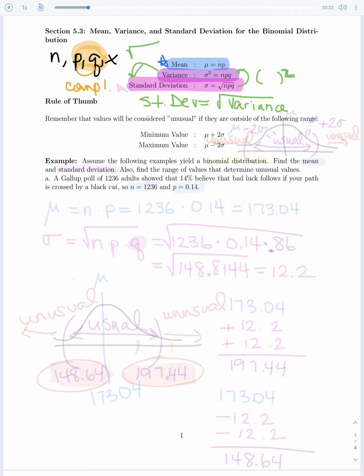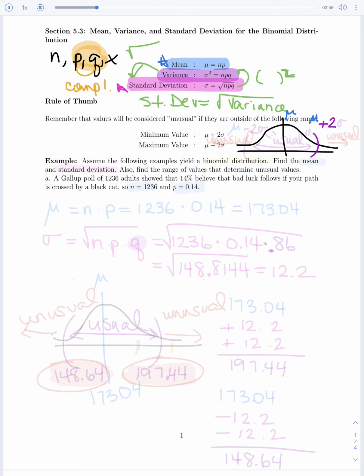Then the next thing that we're going to do, once we have the mean and the standard deviation, because those are the two things we care about, is draw the little bell curve that we've been drawing, and then say what goes in the middle, which is always our mean. I'm going to start using our symbols, mu, so we get used to it. And then we find our maximum usual value by taking the mean and remember this one, adding 2 standard deviations.